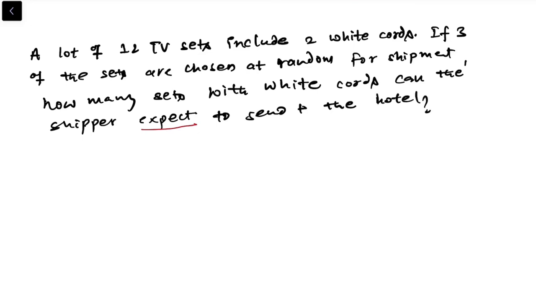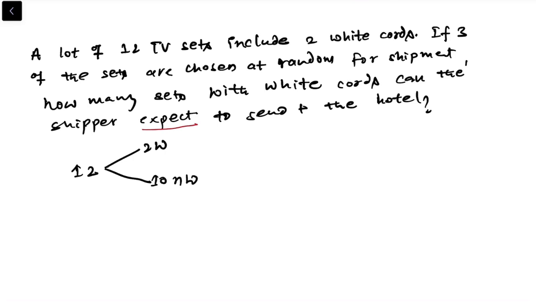Okay, so this is the question. So the question is saying that out of 12 TV sets, there are 2 white cards and the remaining 10 are non-white cards. We don't know about the remaining. And you are asked to calculate the expectation that the shipper can expect to send to the hotel.